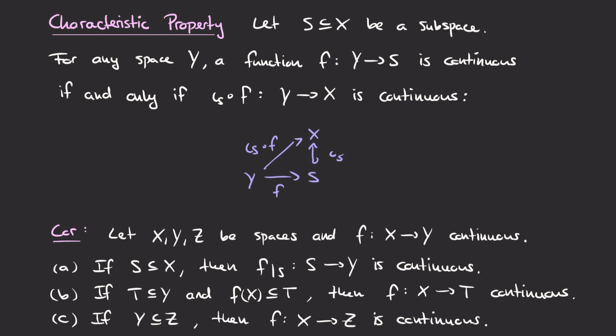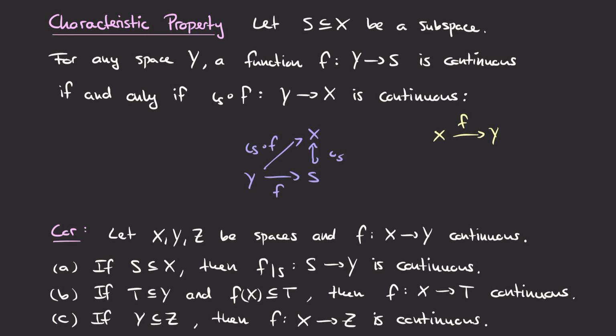Turning to part B of this corollary, it says that if T is a subset of Y and the image of X under f is a subset of T, then the restriction where we view f as a function from X going to T is also going to be continuous. The situation is as follows. We have this function f going from X to Y, and we're supposing that this is a continuous map.